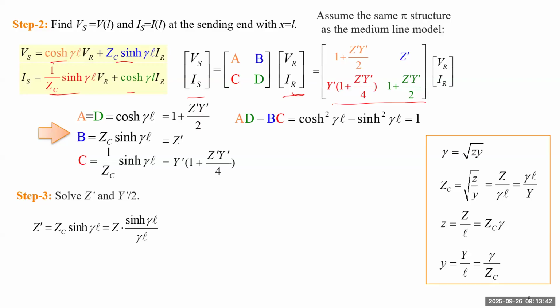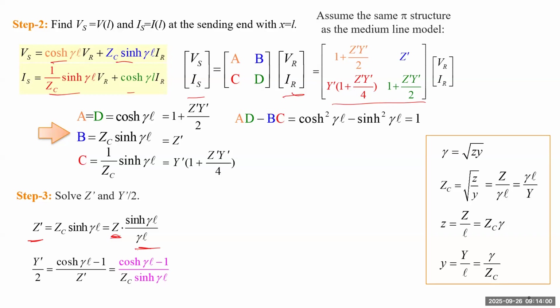We also proved that Z prime can be expressed as a function of Z, which is the total impedance of the line, multiplied by a factor.